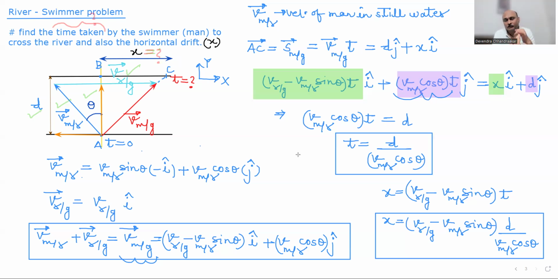You learn what is horizontal drift. You learn what is velocity of man in still water, right? You learned how to use the relative velocity concept, right? And you also are aware how to compare two vectors when they are equal, how to compare the components. That is what you used here. So just go through it once, right?